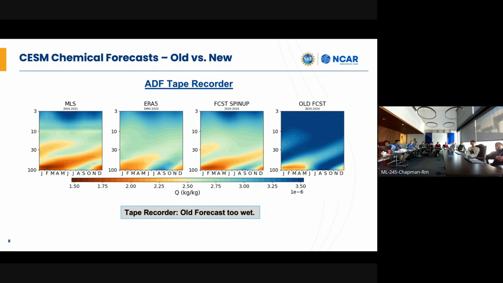In our old forecast it's too wet, and I think we knew that before also. But our CSM3 version is much closer to what it should be. I think the left-hand panel is compared with MLS, and then ERA5 is the second from the left. So we're in much closer agreement with what those show.